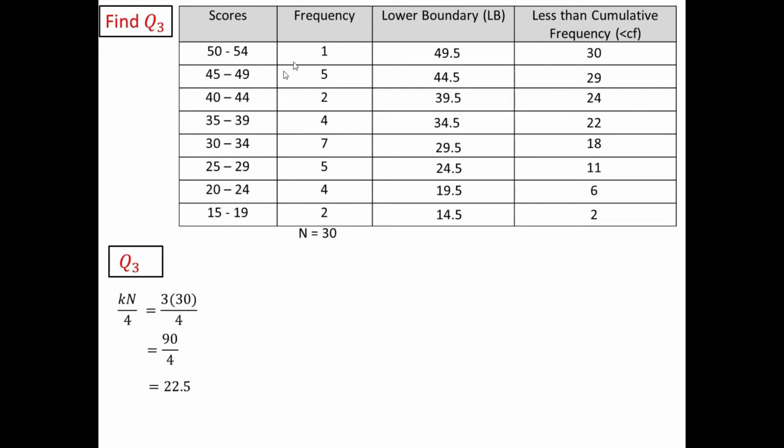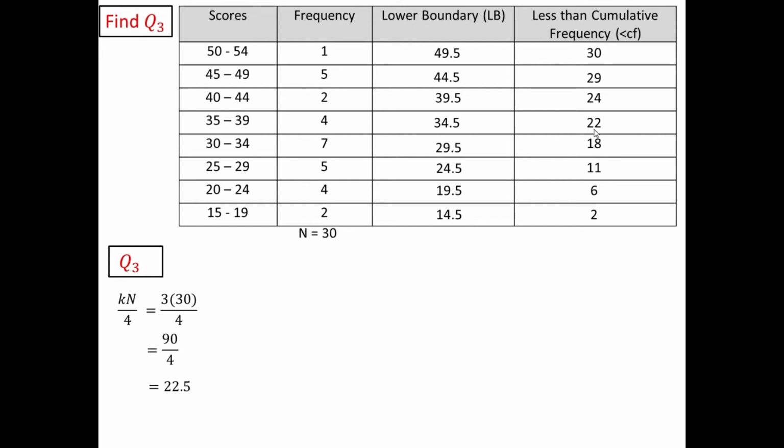Hanapin natin si third quartile class in reference to this less than cumulative frequency. Siyempre, si 2 hindi pwede kasi less than. Si 6 hindi rin pwede kasi mas mababa kay 22.5. Si 11 hindi rin pwede kasi mas mababa kay 22.5. Dapat kasi yung pinakamalapit na greater than or equal to. Si 18 kapos pa rin kay 22.5. What about 22?